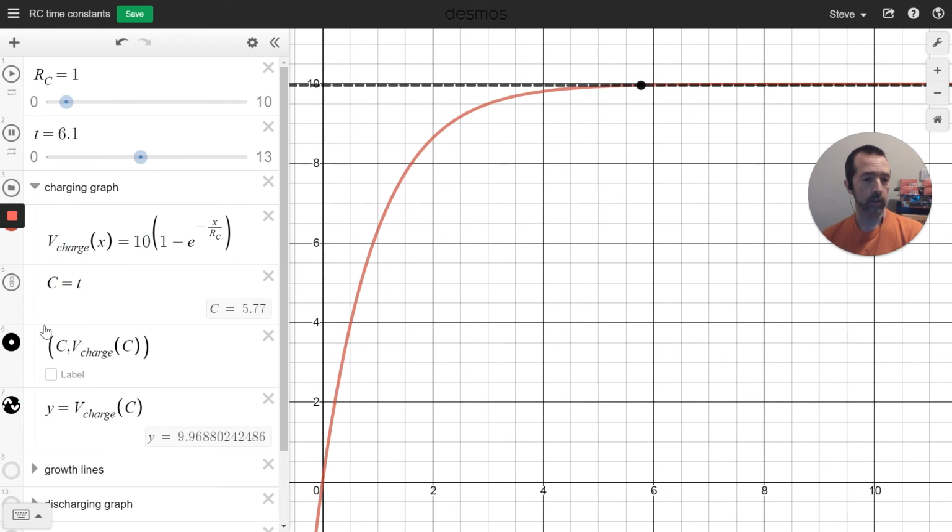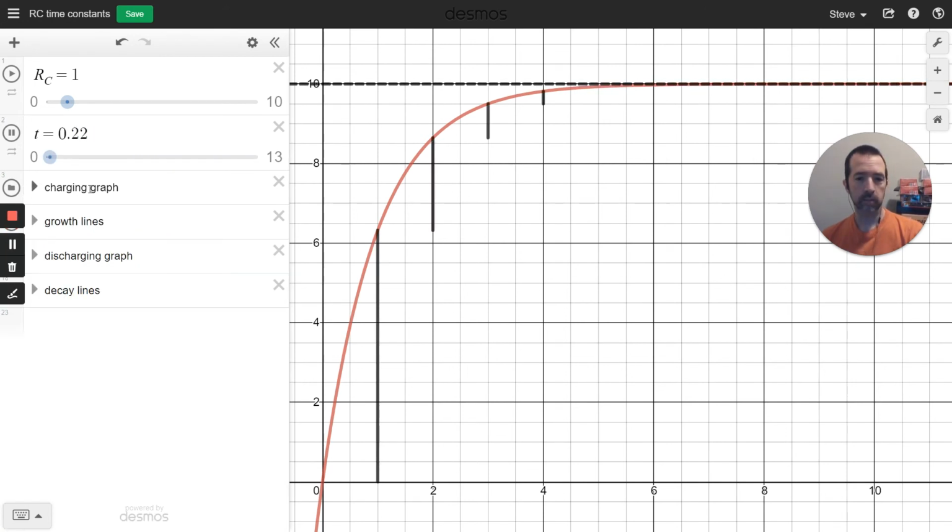I can put some lines in. These are just measurements showing how much it increases during the first few time constants. You can see the first one is really big. Again, about 63% of the total happens during the first time constant.